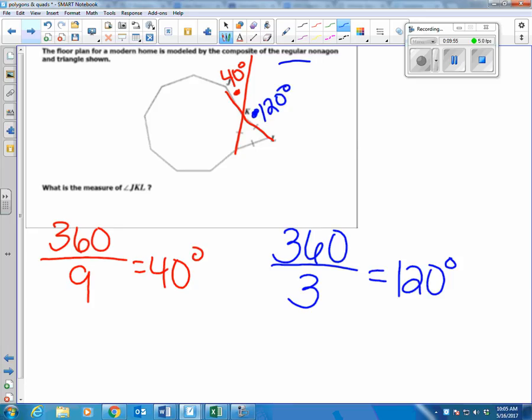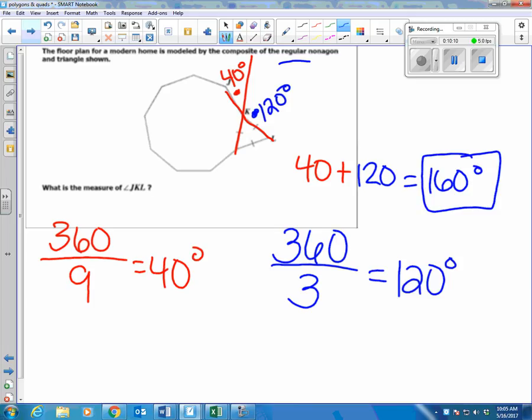So now if we need to find the measure of JKL, we're going to do 40 plus the 120 and that's where we get 160 degrees. So anytime you have a composite shape and you're trying to find a big exterior angle of both shapes, just find the exterior angle of each one, add them together.